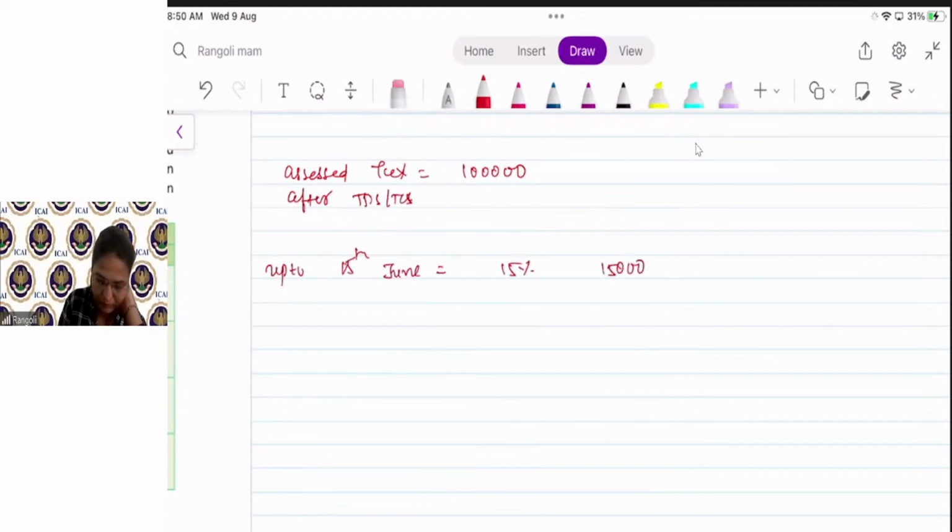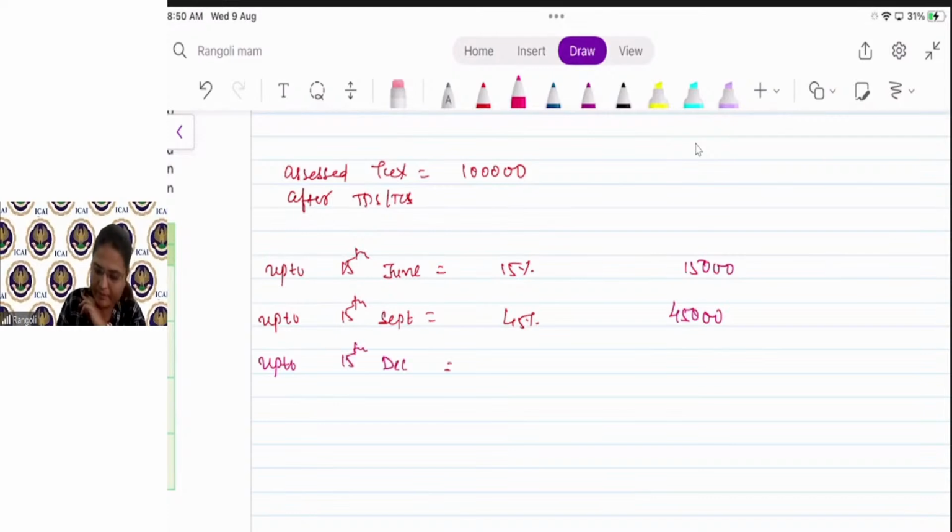Total. Up to 15th September, I need to pay 45,000 total to the government. Up to 15th December, it is 75%, 75,000. And up to 15th March, it is 100%.